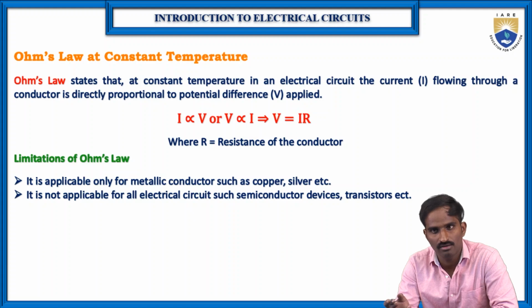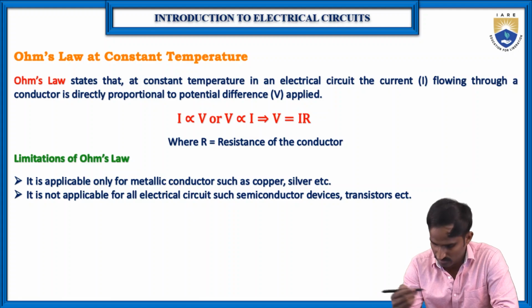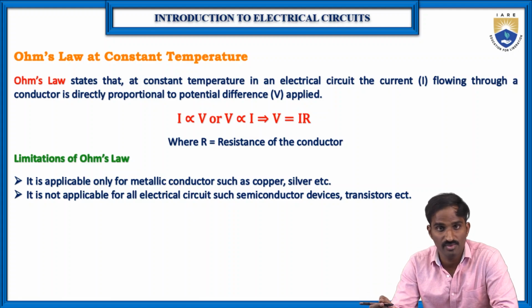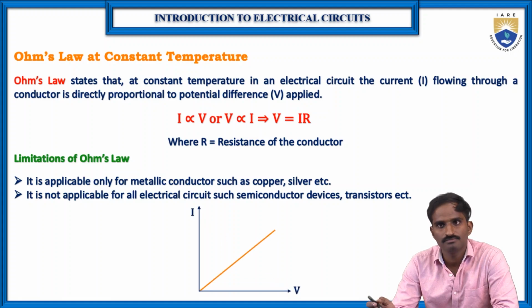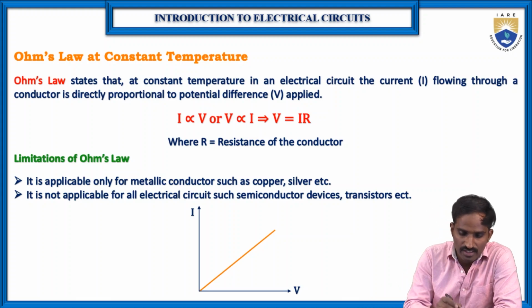Transistor, IGBT, MOSFET, these all are semiconductor devices, right? And the diode is also a semiconductor device. If you represent Ohm's law graphically, when you increase V, then I also increases with the same proportionality.